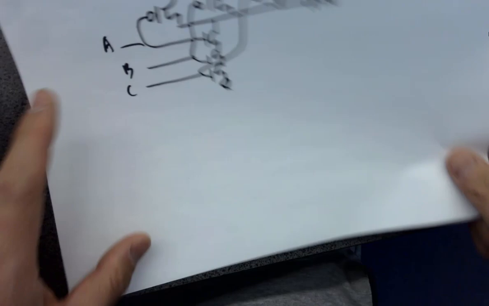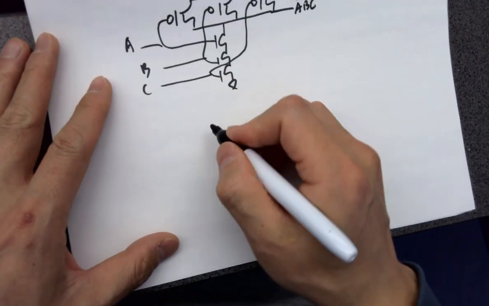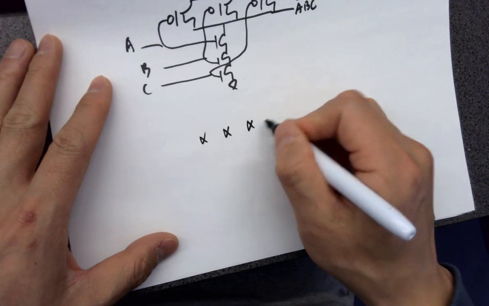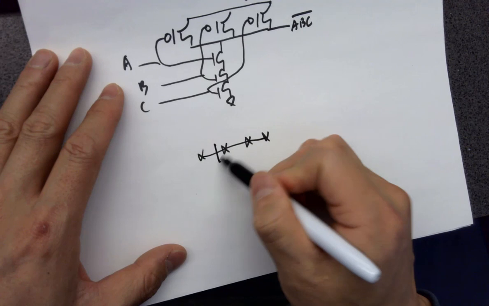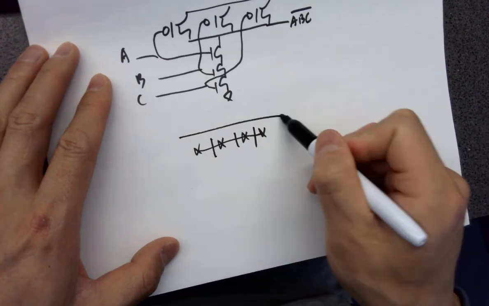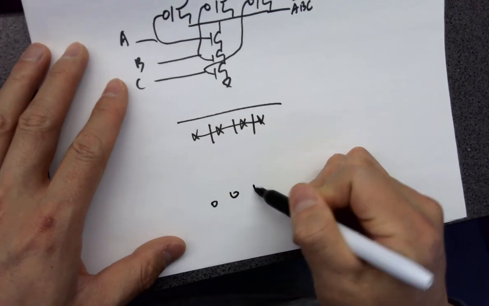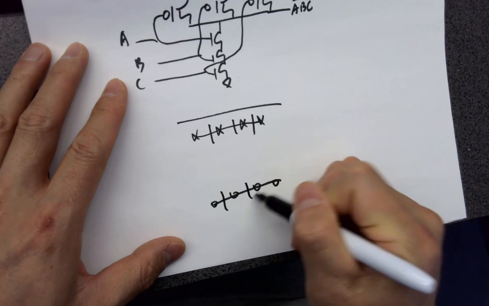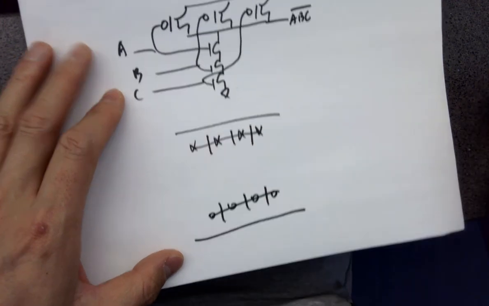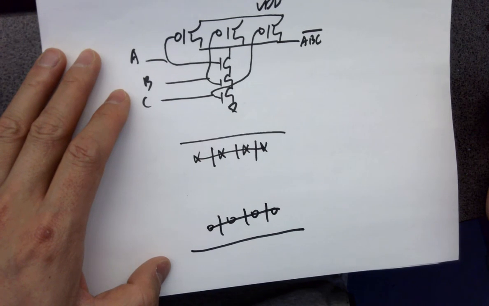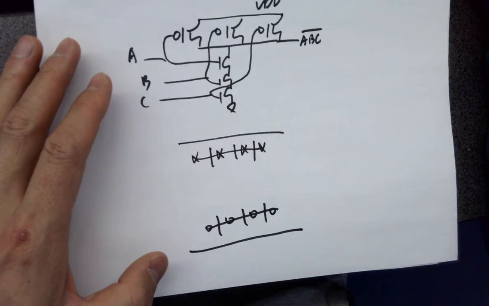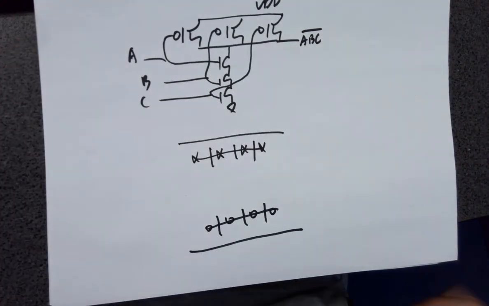What about the stick diagram? So definitely 3 transistors on top, so 4 nodes. How do you do 3 parallel transistors? This is a pattern you want to remember, okay? You want to memorize. It's 3 input, 4 input.